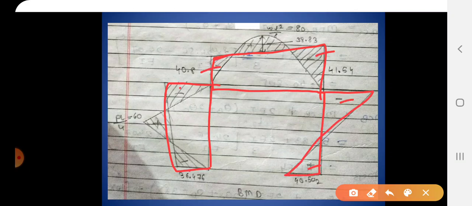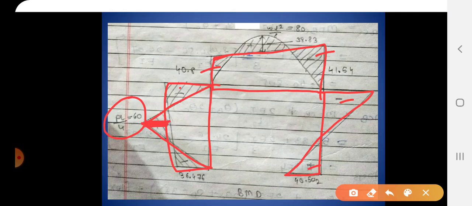Now we have to superimpose the bending moment diagram due to external load on this. On column AB, a central point load was there, therefore PL by 4: the bending moment diagram is a triangle with central ordinate PL by 4. Now you can find this ordinate value easily.